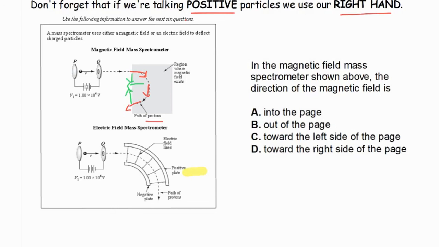So my palm should be facing to the center. My thumb is the direction that the protons are moving. And so that means that my fingers now are pointing out of the page. So the direction of this external magnetic field is out of the page.